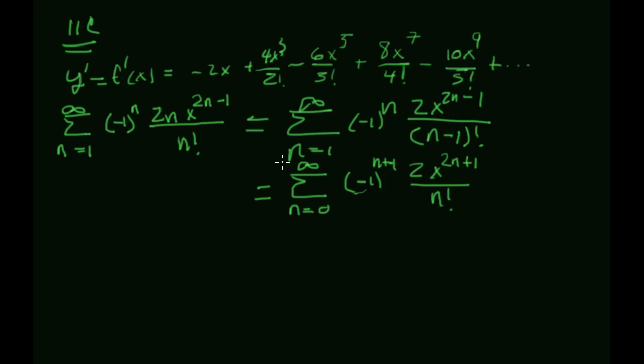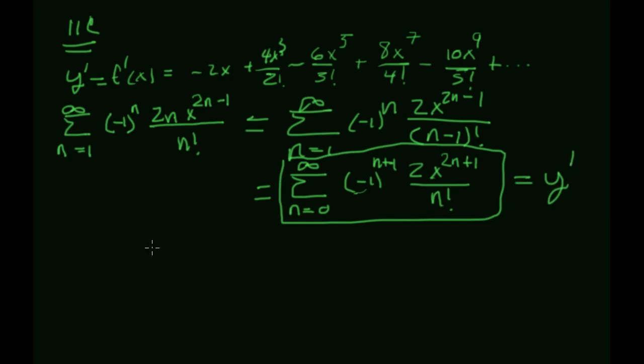Okay, so hang on to this. This is y prime. Now I've got the original series, but I want 2x times y. So that's going to be 2x times the series that we started out with in the problem.